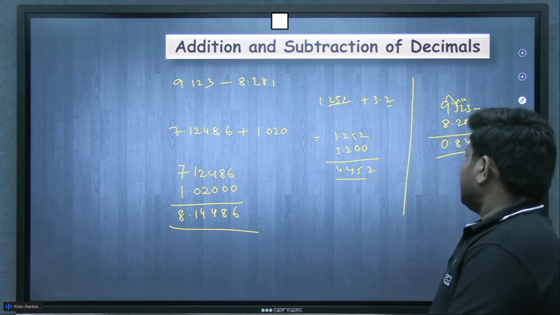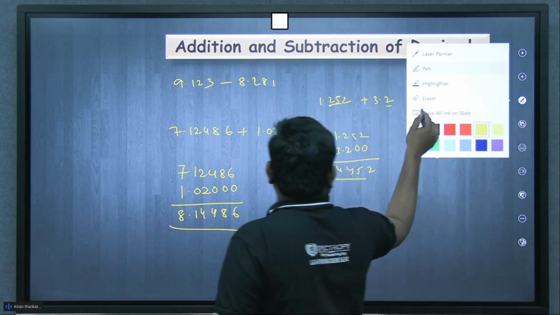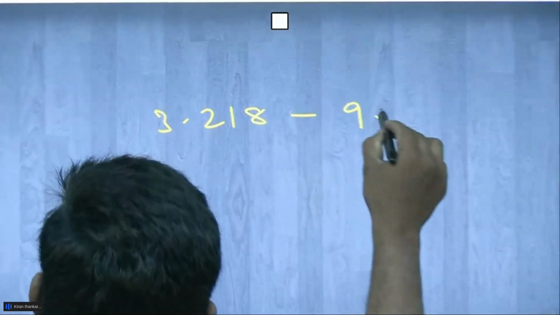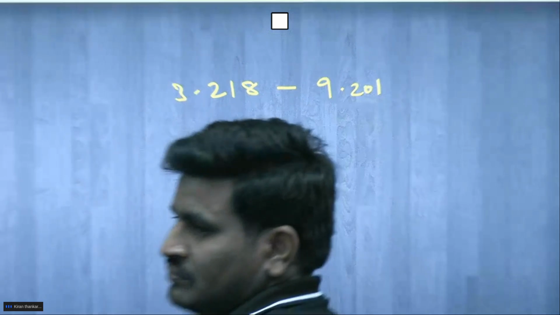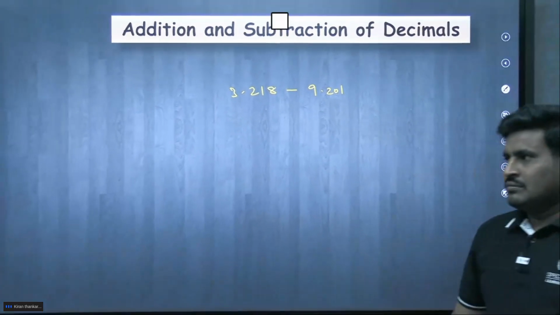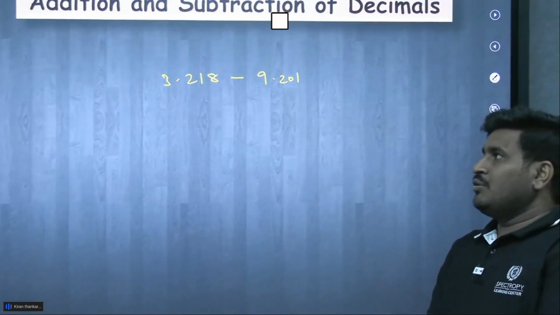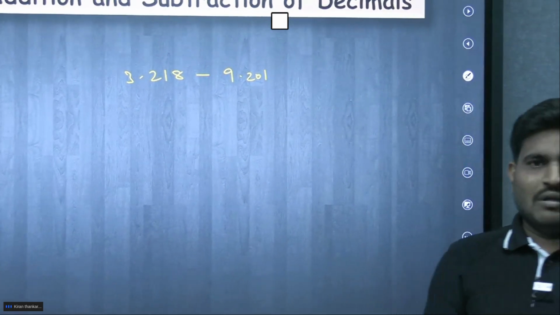Next, one more question: 3.218 minus 9.201.